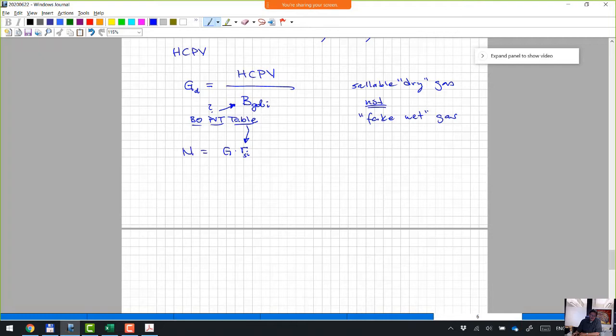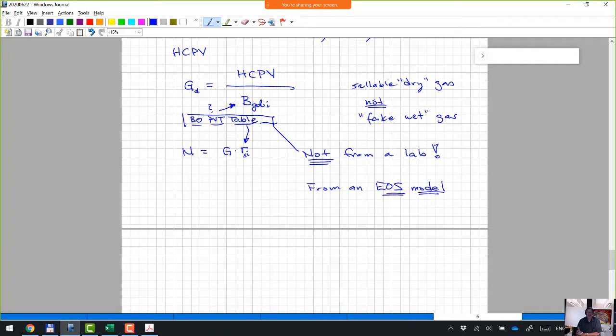So now we're starting to talk about what a black oil table for a gas condensate is. It's not something you get from the laboratory. The laboratory does not give this to you. The only way to get that black oil table is from an equation of state model, practically. So when we get to the PVT part of the course, which is today and a little bit on Friday, we have to talk about the equation of state model.